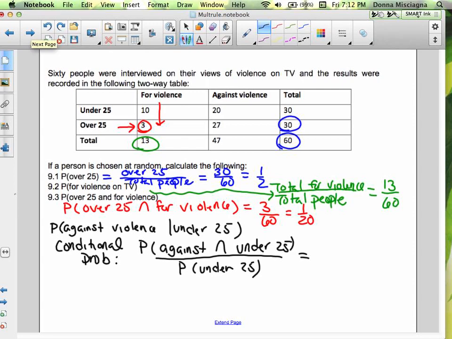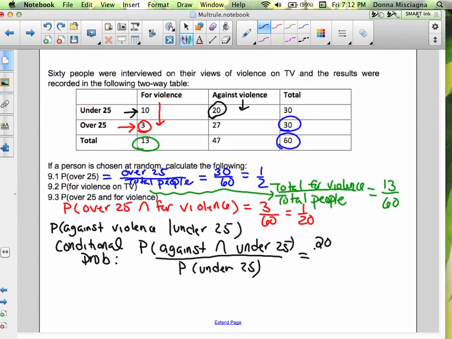All right, so the intersection, now we just follow where against and under intersect. If I follow against and I follow under 25, I see they intersect right there. So that was 20, and it's going to be out of our total people again.